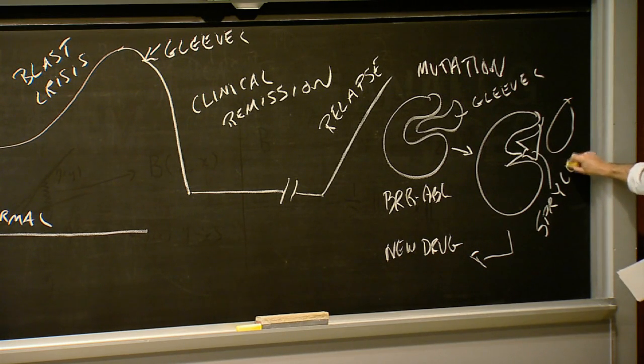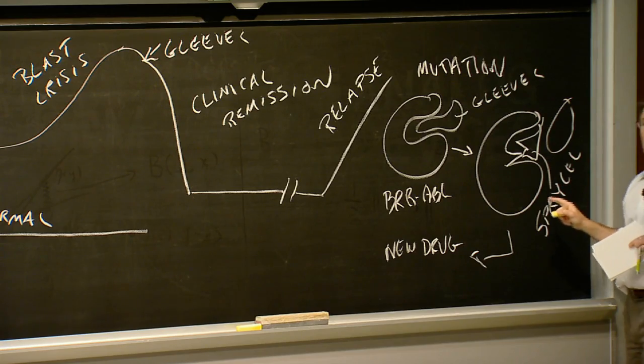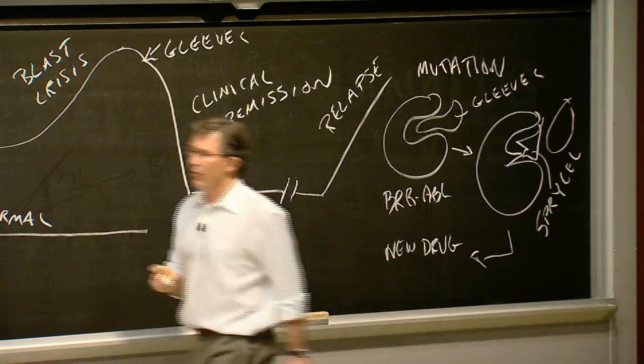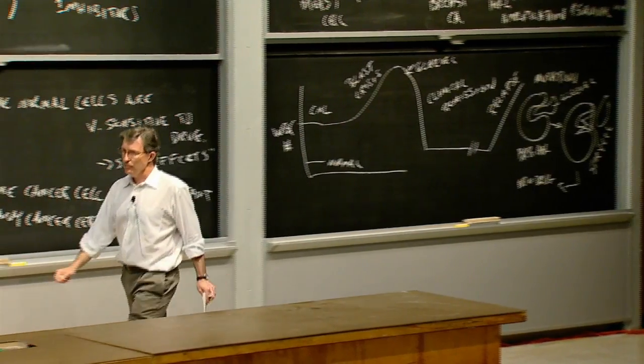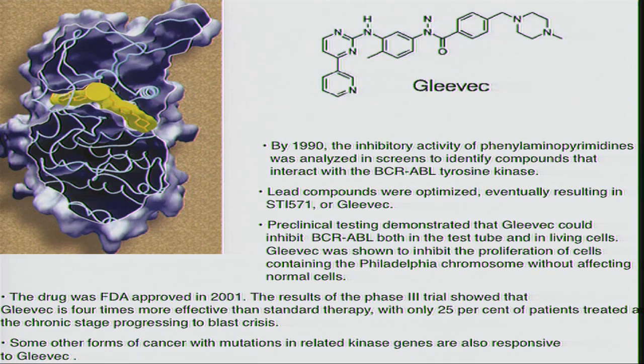And there's a drug called Sprycel, which is now also FDA approved for the treatment of drug-resistant forms of CML. So before you run away, this is what I've just told you. Here's ABL kinase. This is where the drug binds. This is the structure of the drug.